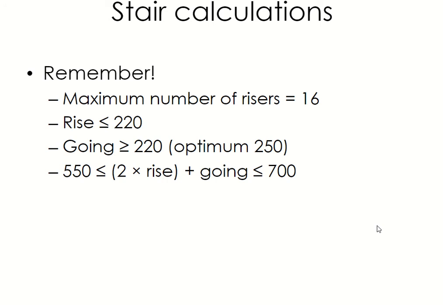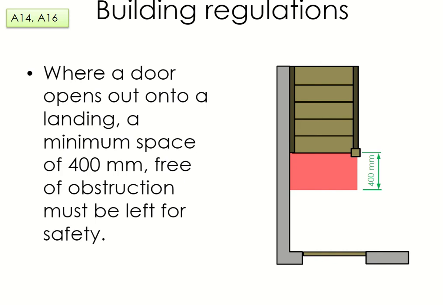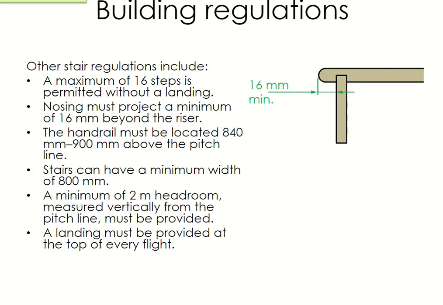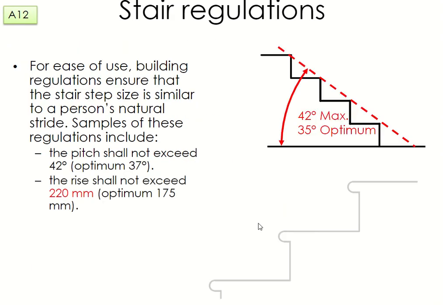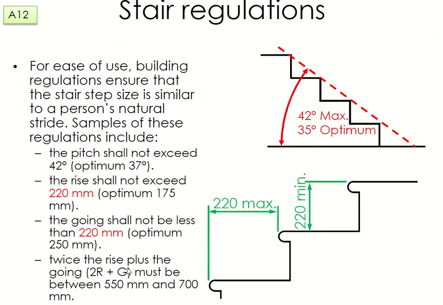And then the last calculation is the 2 times the rise. If you remember, we had this calculation today, which was here. Twice the rise plus the going, so it's 2r plus g, must be between 550 and 700.